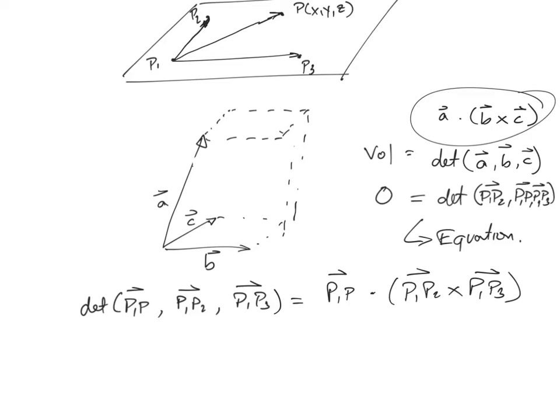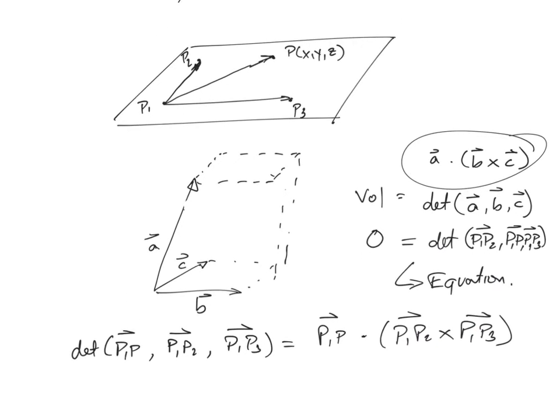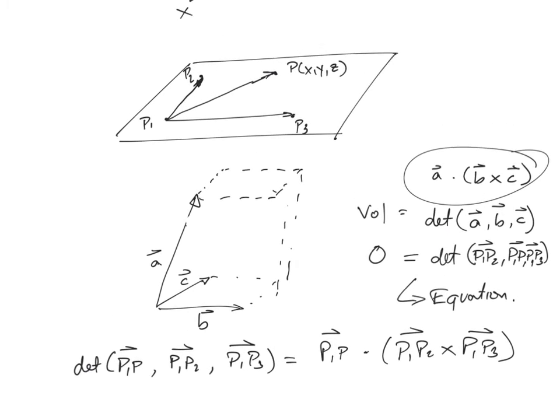Well, let's look at this cross product here. This is the cross product of two vectors. If we go back up here, we're taking the cross product of P1P2 with the vector P1P3. So we've got these two vectors, they're on the plane, and we're going to take their cross product. And we know that when we take the cross product of two vectors, we get a third vector.